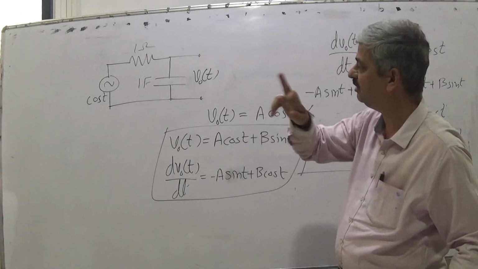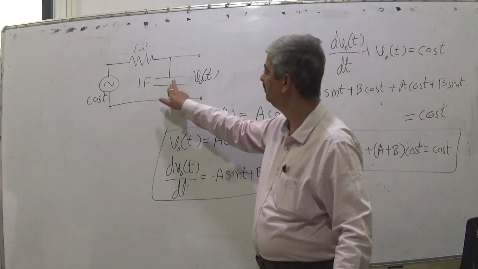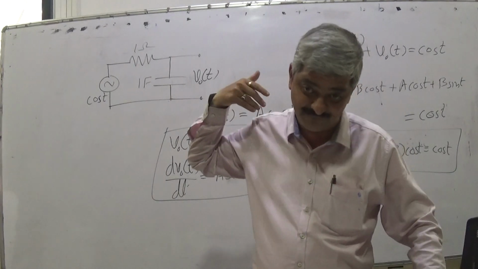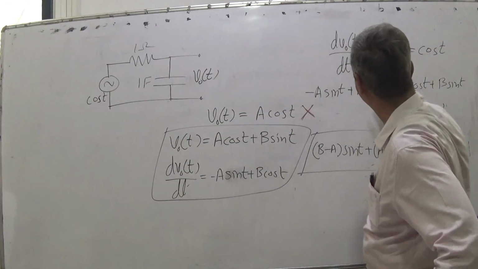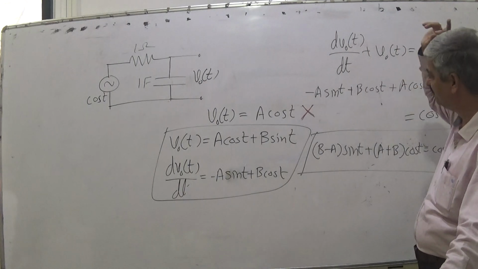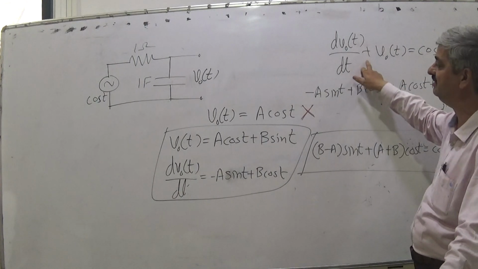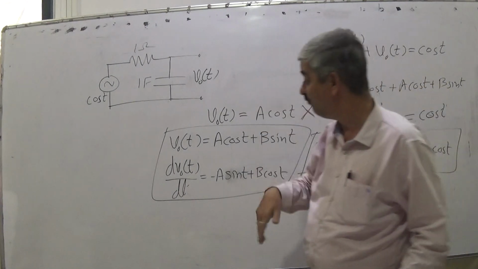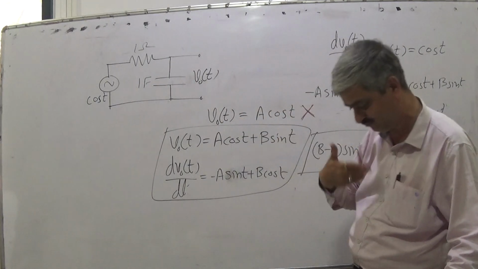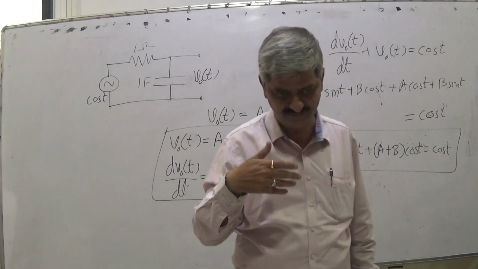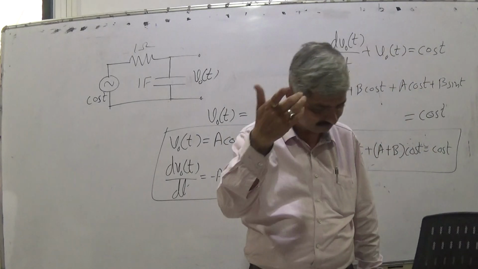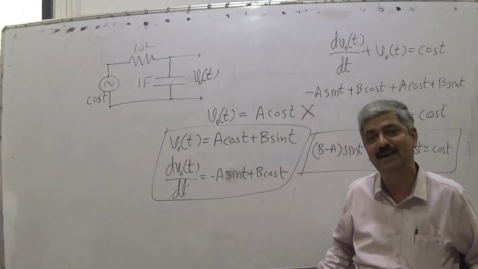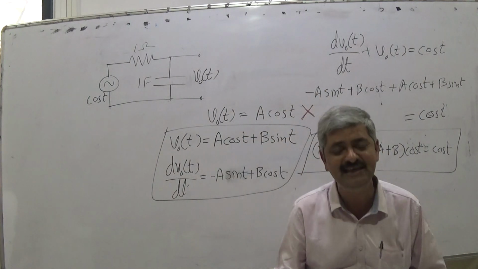So I repeat, to find v0(t) by a definite method, this differential equation has to be solved. Instead of solving it, we presume the solution. There is one more question that one may ask. In the last lecture, when we applied 1 volt DC, I said that A plus B e raised to lambda t is a solution.